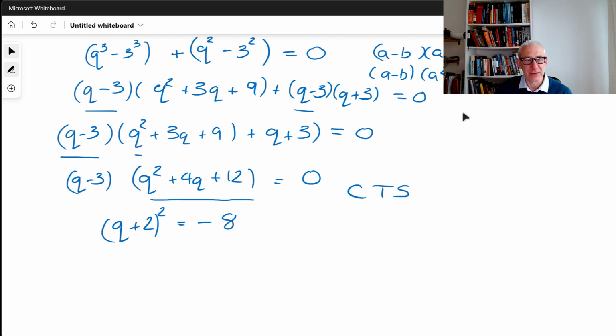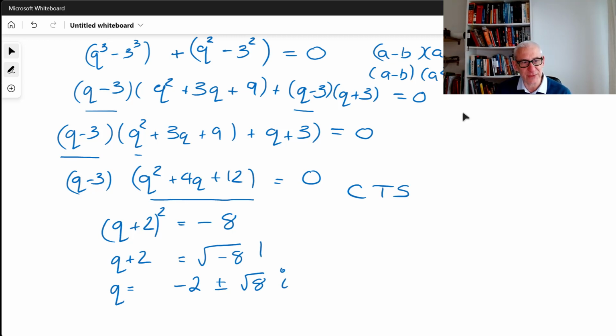So that's a completing the square step. Let's now go to the next step. q plus 2 is equal to the square root of -8. We don't like that, so we're going to rewrite that. q equals -2 plus or minus the square root of 8 times i, where i is the square root of -1, which allows us to process that bit there.